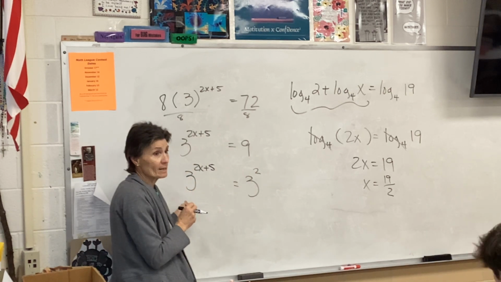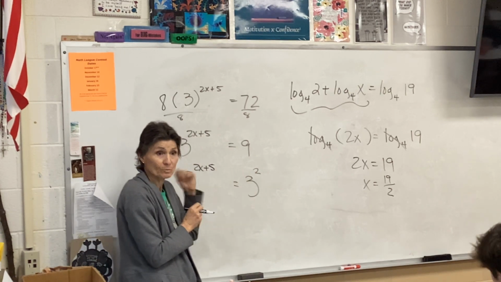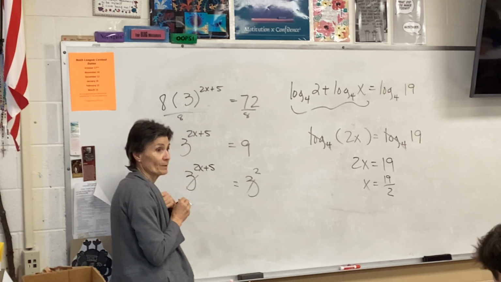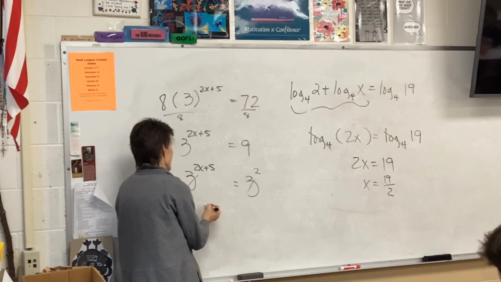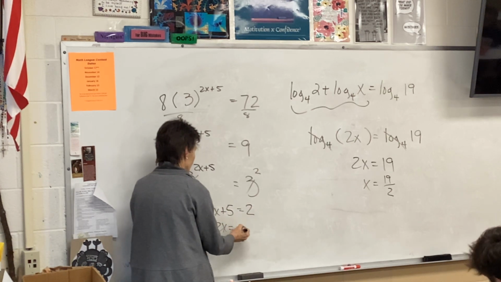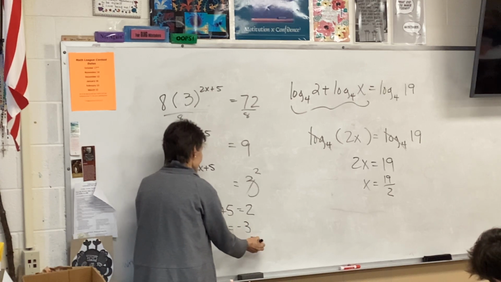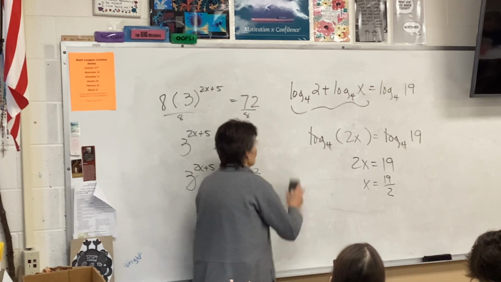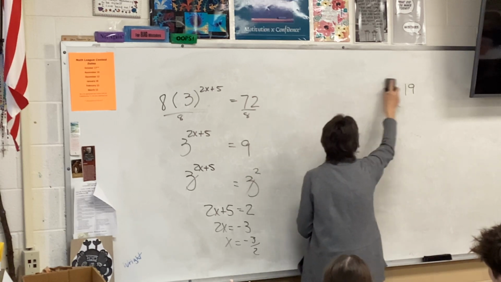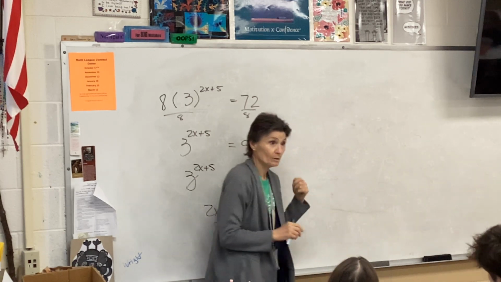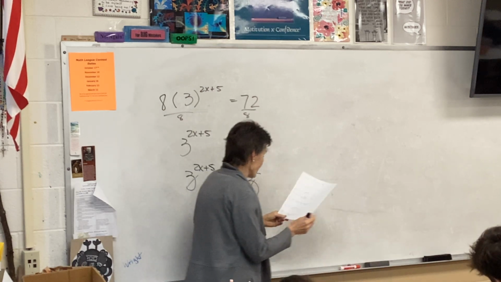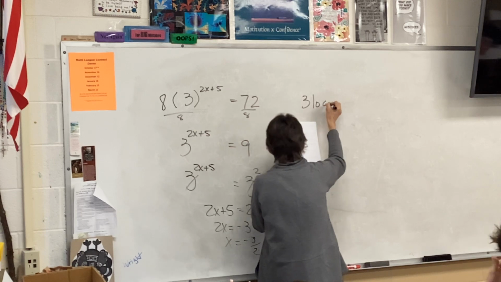And now, because that side's a 3 and that side's a 3, I can just solve my exponents. So I got negative 3 halves. Is that what you got? Yep. Good deal. All right, last one, another logarithm equation.